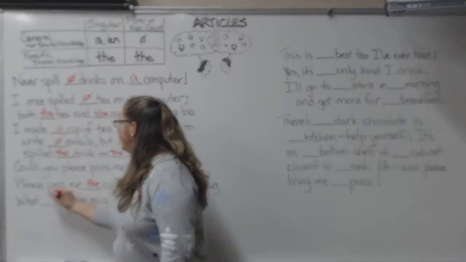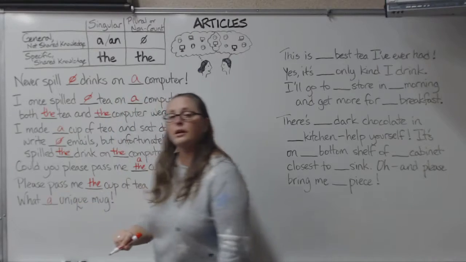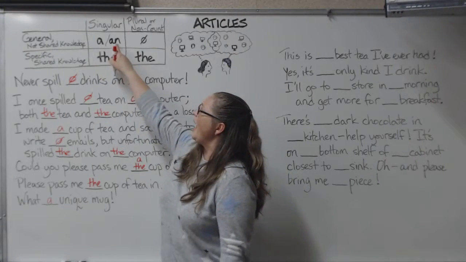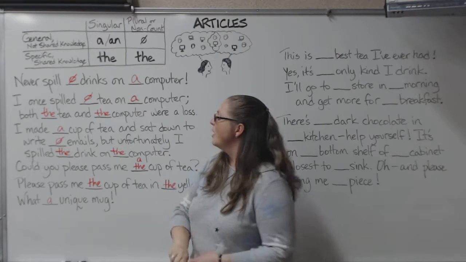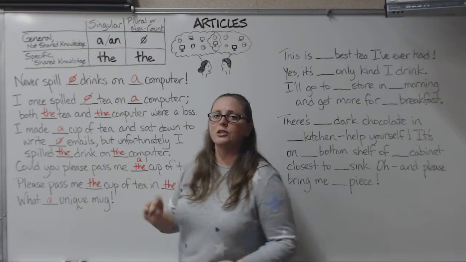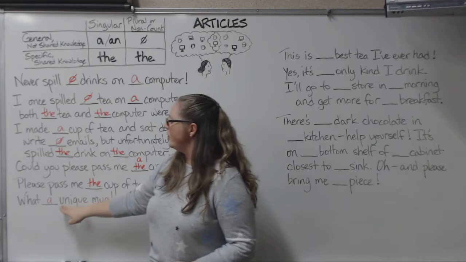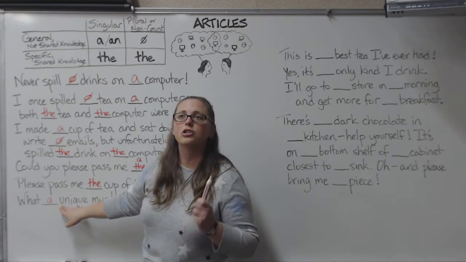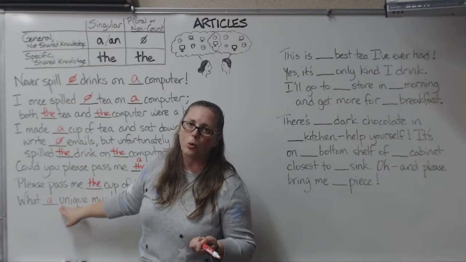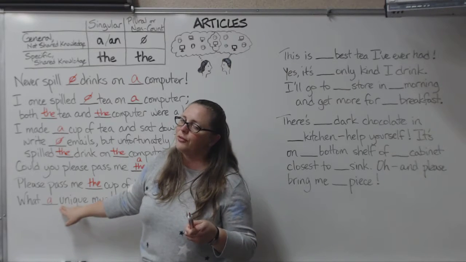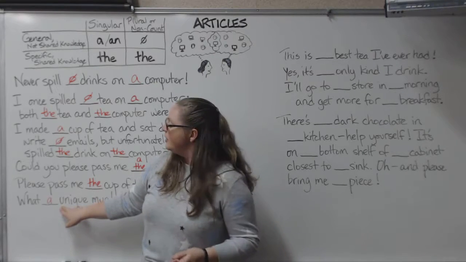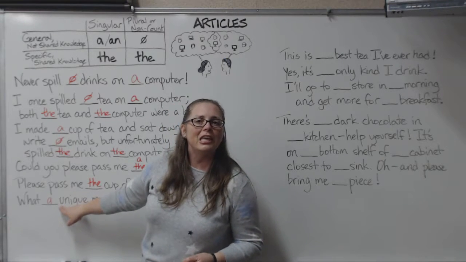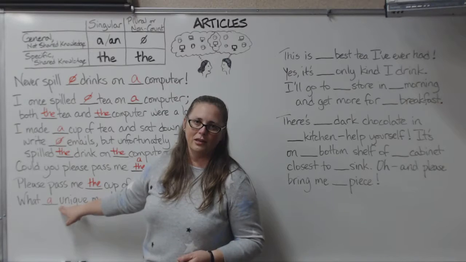So, "What a unique mug." Now, you might be thinking, why not "an"? You have to be careful. "An" is only used if the word that follows starts with a vowel sound. It may be different from the spelling. The spelling here is a vowel, but the sound is "y," unique.